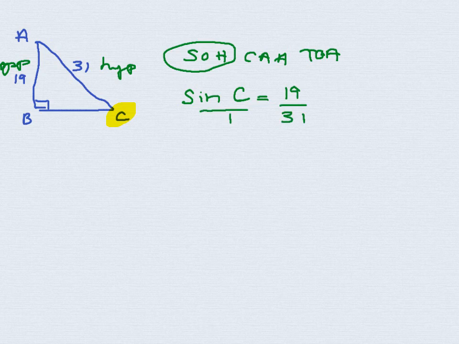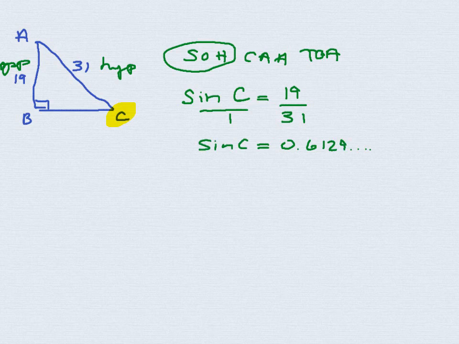So you're going to divide to get 19 divided by 31, which you're going to translate into a decimal. 19 divided by 31 is going to equal 0.6129, etc.